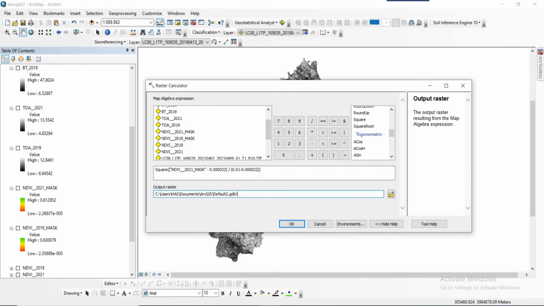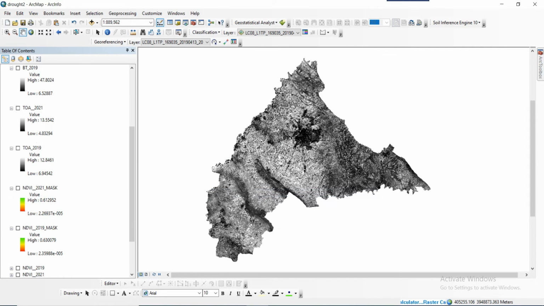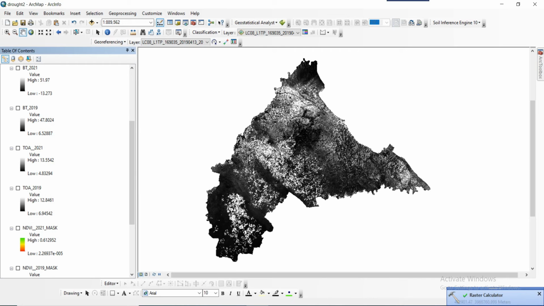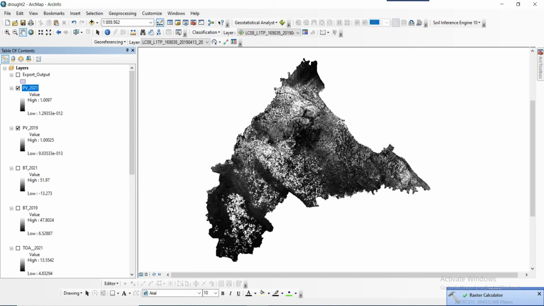So we name this PV 2021. So we have PV for these two years.